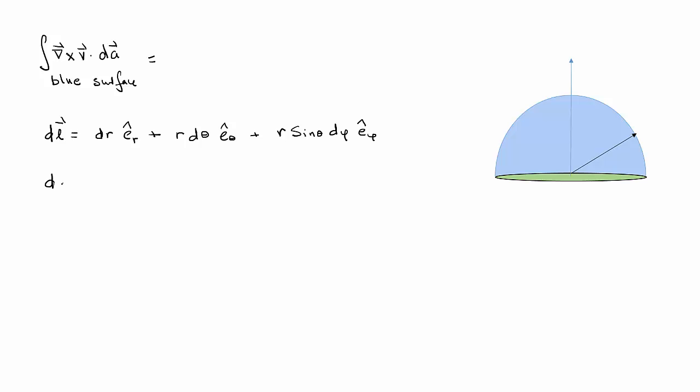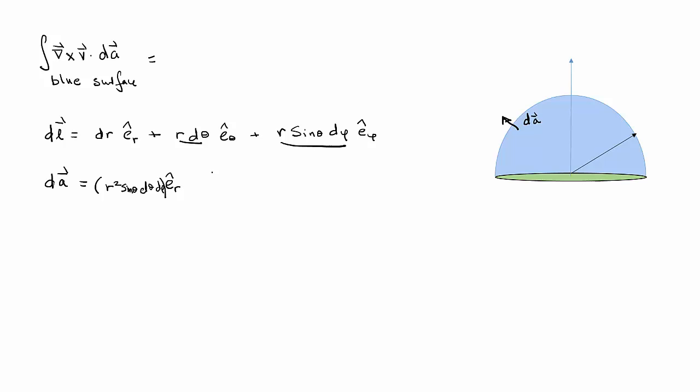The differential area element, if we're talking about the radial component, will have r squared sine theta d theta d phi. Where do we get that from? By looking at these two coefficients and multiplying those two rectangular lengths, if you will, because it's perpendicular to e_r. Remember, an area vector is always normal to the surface.